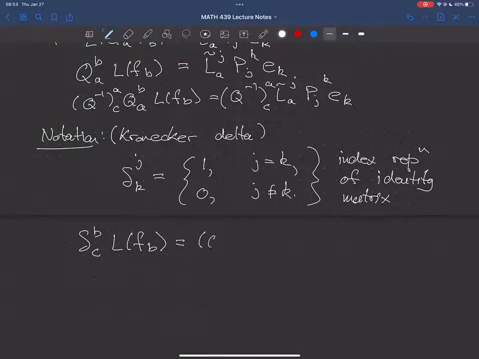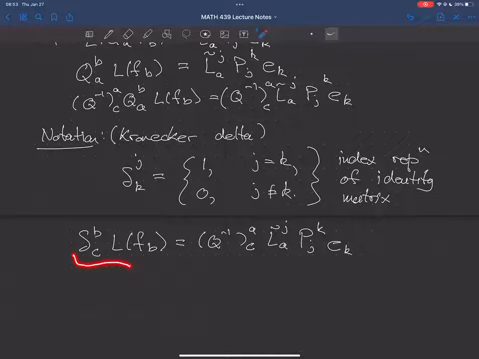So it's Q inverse AC L tilde J A P K J E K. Good. Now we can simplify this still further.